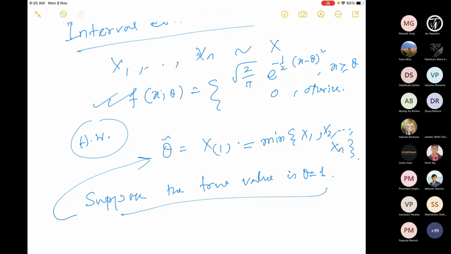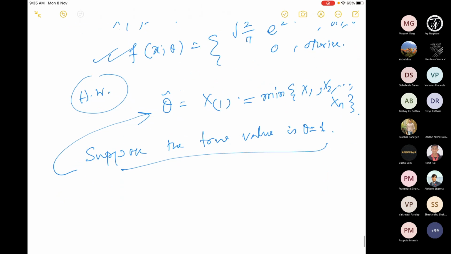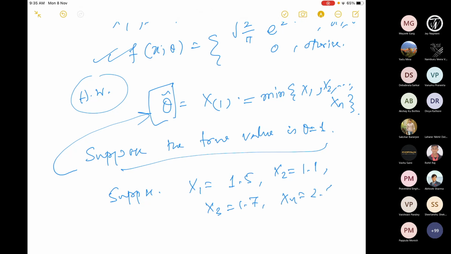This value is this theta. Now, using this theta hat, I'm trying to make a guess about theta equal to 1. Suppose x1 is 1.5, x2 is 1.1, x3 is 1.7, x4 is 2.1, x5 is 3.1.